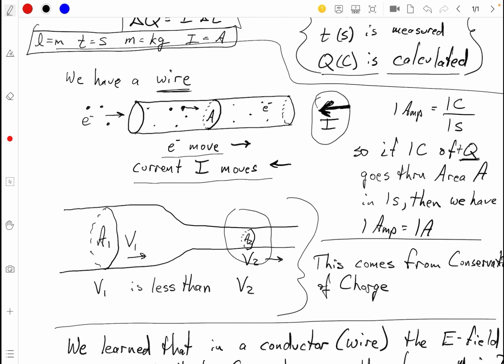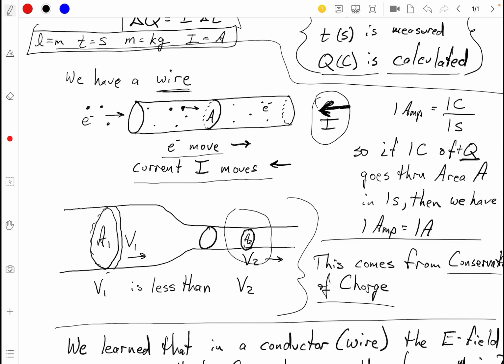So we get a conservation of charge through a certain region. The amount of charge that goes through this region, from there to there, is the same as what goes through some region like this, from there to there.